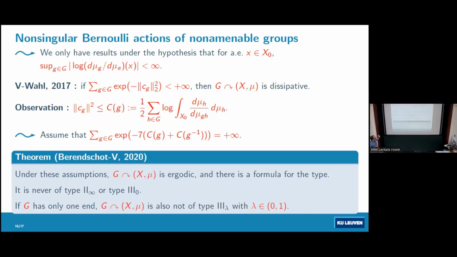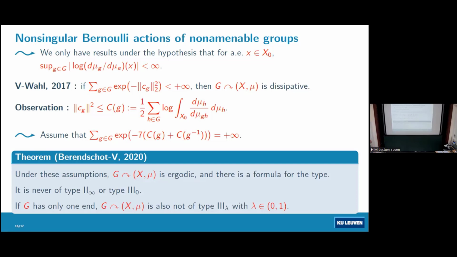So if the group is non-amenable with only one end, then under this assumption, and under that famous assumption, there is no way you can realize anything else than II 1 and III 1. This is just what can happen. And why is it so difficult for us to go beyond this? We have no single possibility to calculate the type or associated flow without an assumption like this one. So yeah, this remains a mystery.